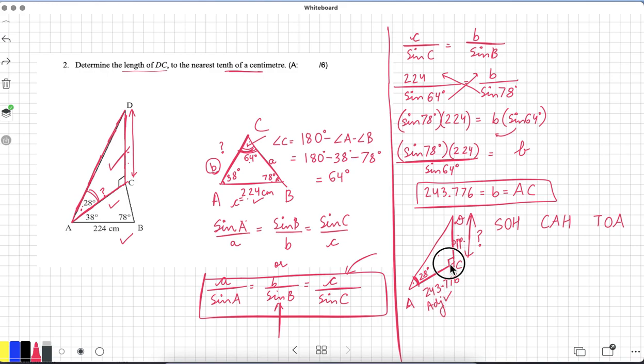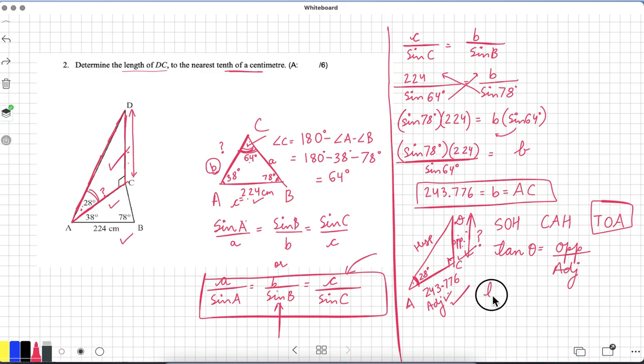Because there is a 90 degree angle over there, the side opposite to it is the hypotenuse. We need to find the DC, which is the opposite, and the given side is the adjacent, so it's OA. OA is in the tan, so we're going to use this ratio: tan theta equals opposite over adjacent.